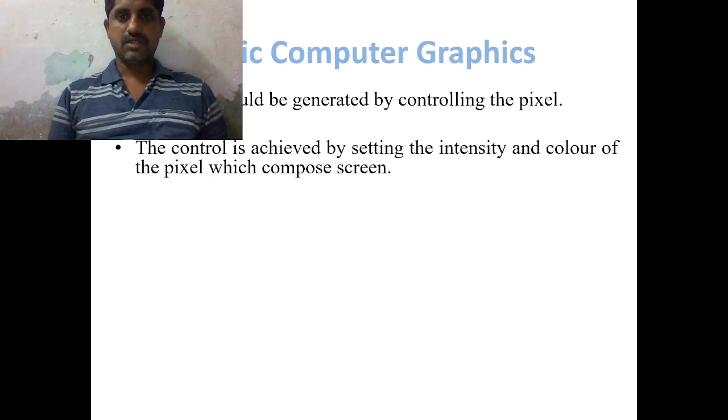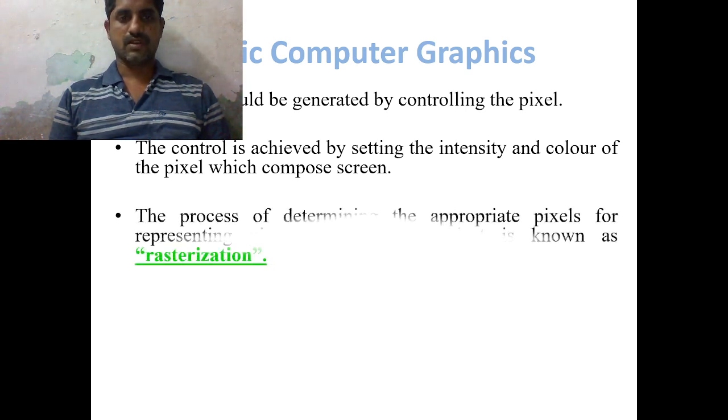Next, graphics should be generated by controlling the pixels. The control is achieved by setting the intensity and color of the pixels which compose the screen. The process of determining the appropriate pixels for representing a picture or graphic object is known as rasterization.